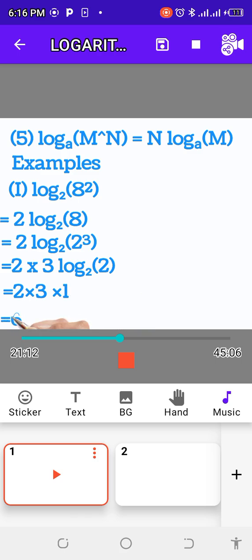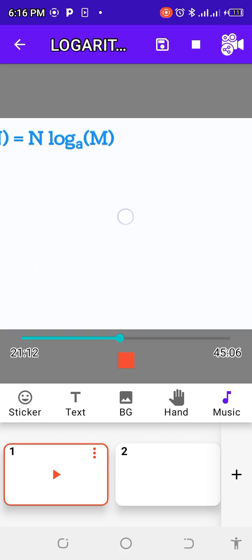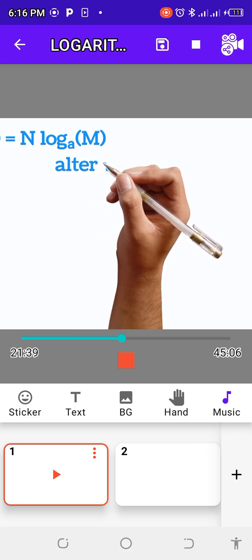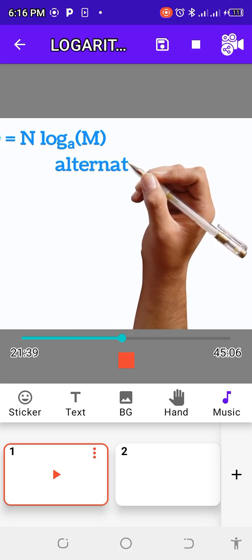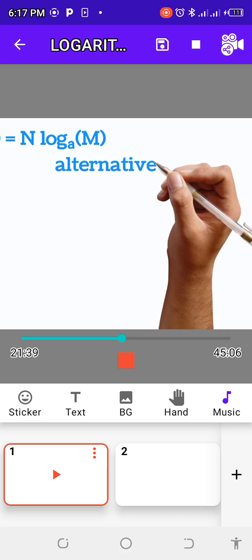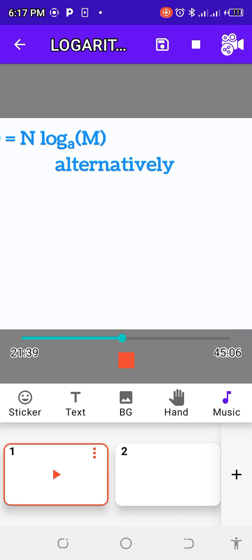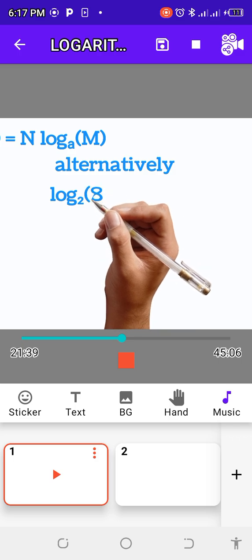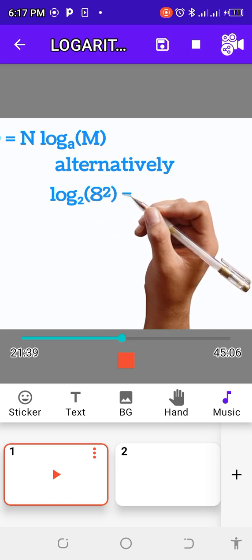Alternative way of doing this is to take the square of 8, which is what? 64. So it will become log 64 base 2.